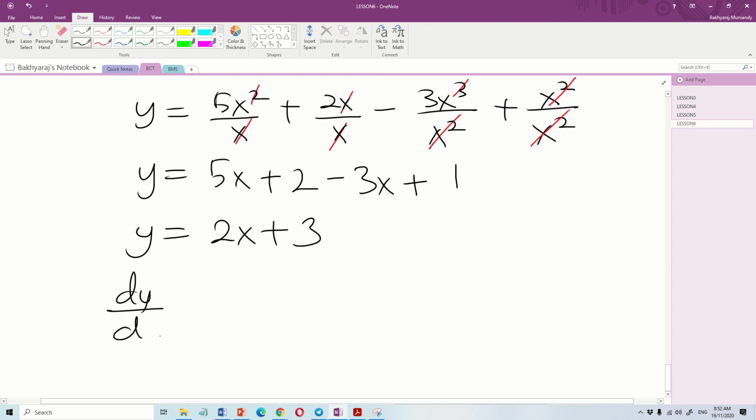So dy dx must equal, the answer is just 2.